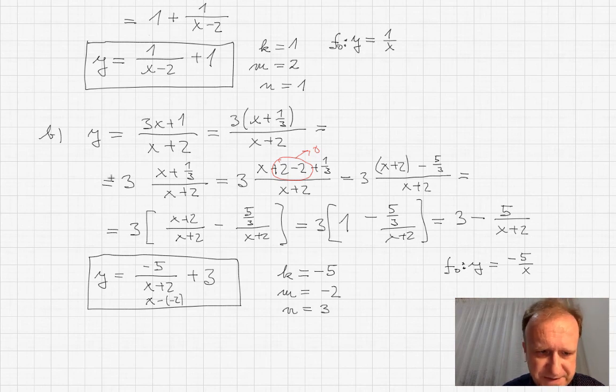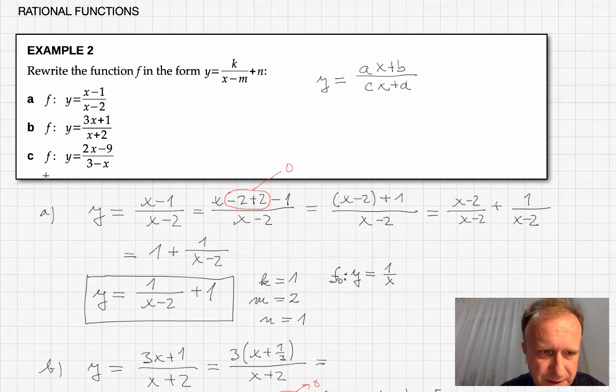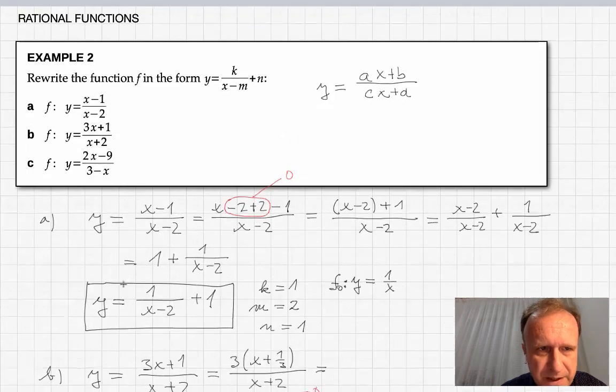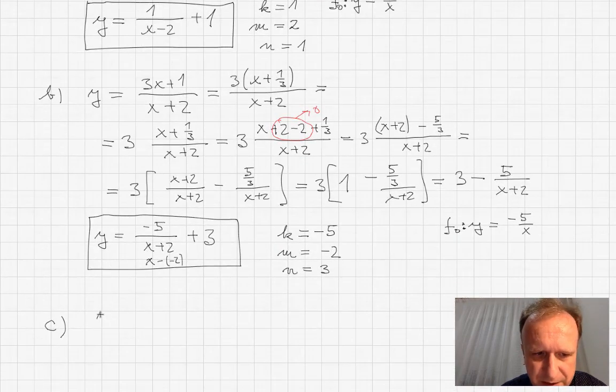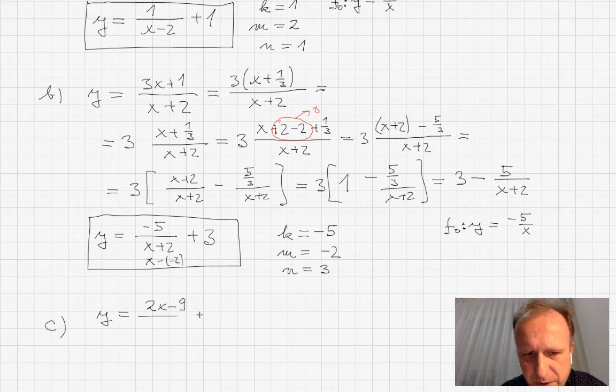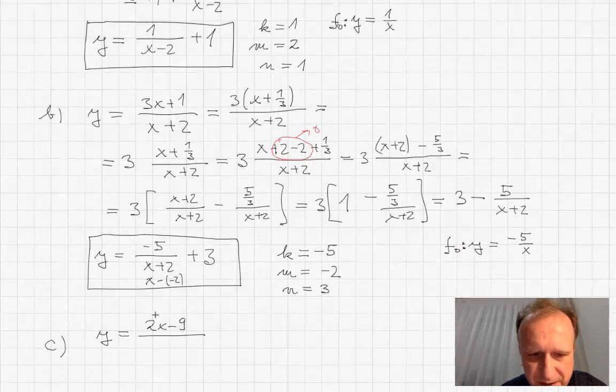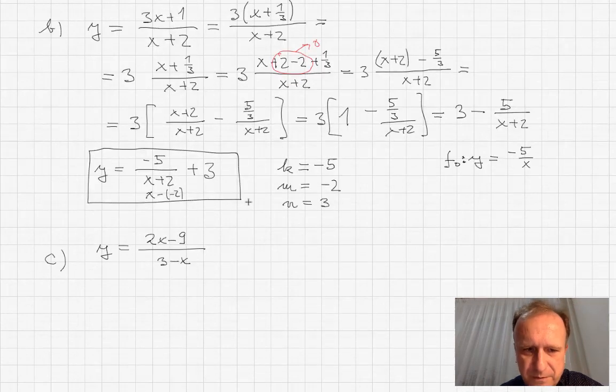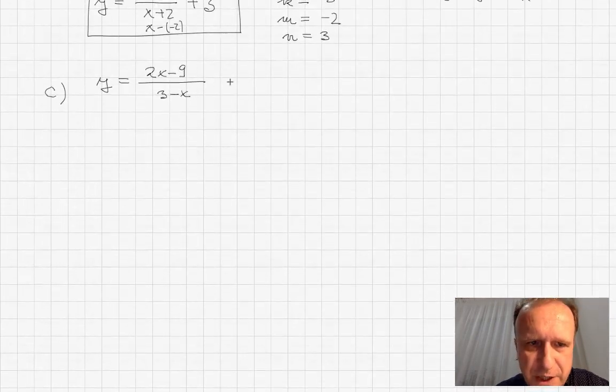Okay, let us get on with part C. So in part C, let me copy it, we have y equals 2x minus 9 divided by 3 minus x. So here, first what I have to do is to change the order.